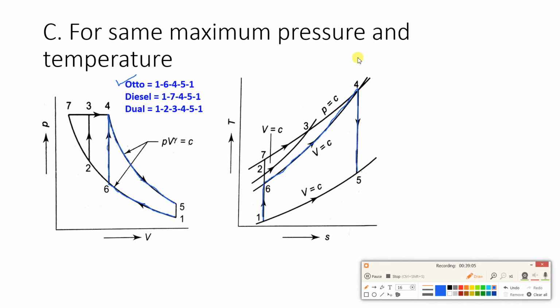Then 5 to 1 is constant volume heat rejection in case of Otto cycle. Here this arrow will be in this direction. This is 5 to 1.